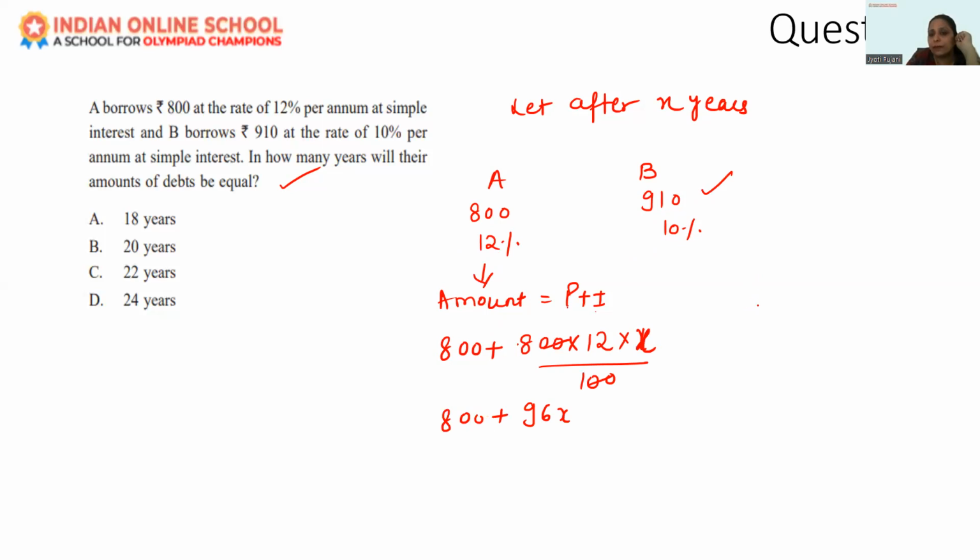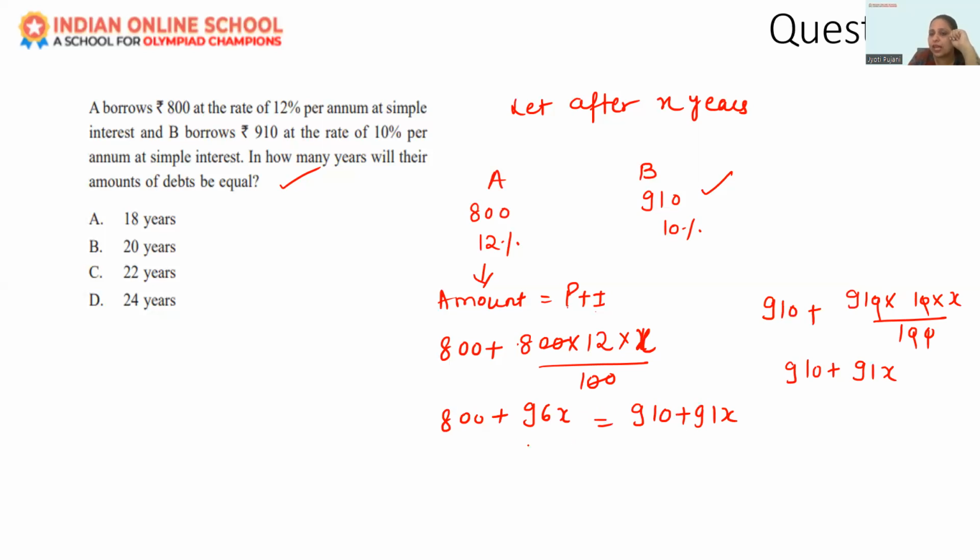So what will be the amount? 910 is the principal plus interest, 910 and rate is 10% into X by 100. They will get cancelled, this one and this one. So it is 910 plus 91x. So they will be equal, they are asking. 910 plus 91x.